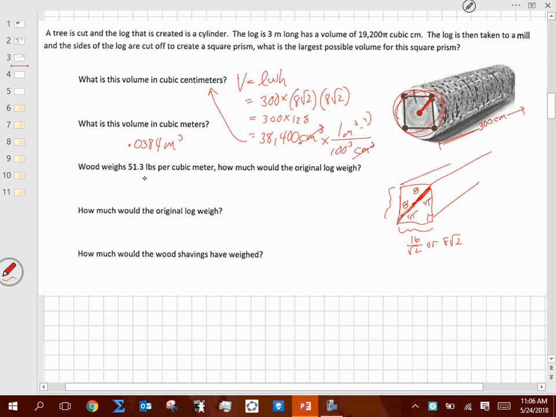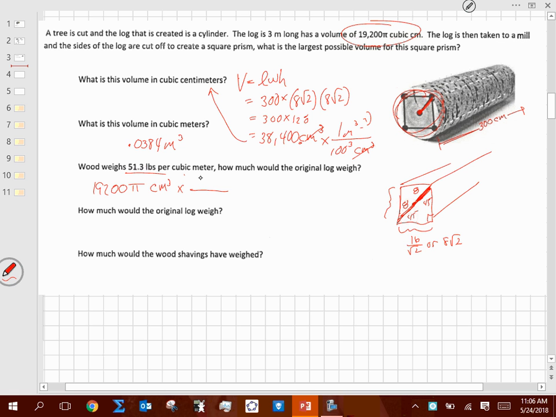So wood weighs 51.3 pounds per cubic meter. How much would the original log weigh? Well, the original log is that volume, 19200 pi cubic centimeters. I need to multiply that by this thing here to get my weight, but in order to do that, I first need this in cubic meters.